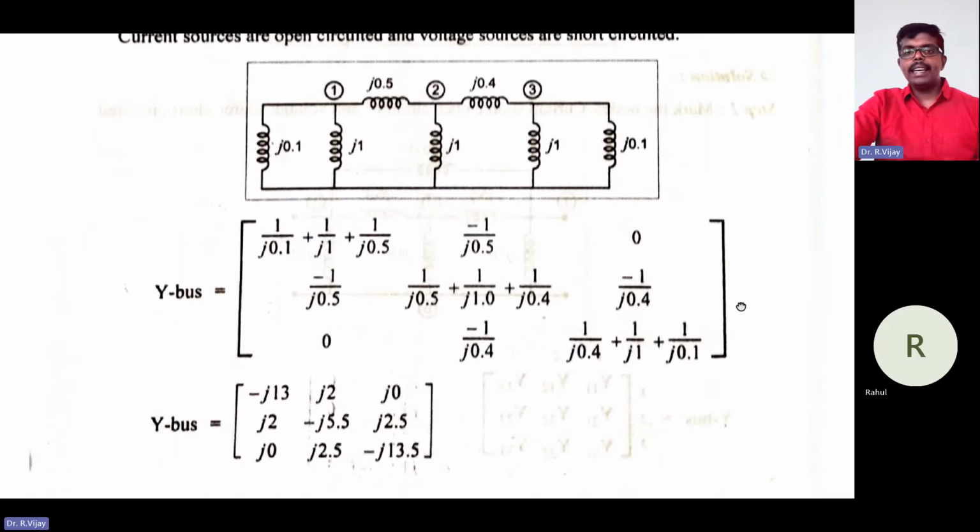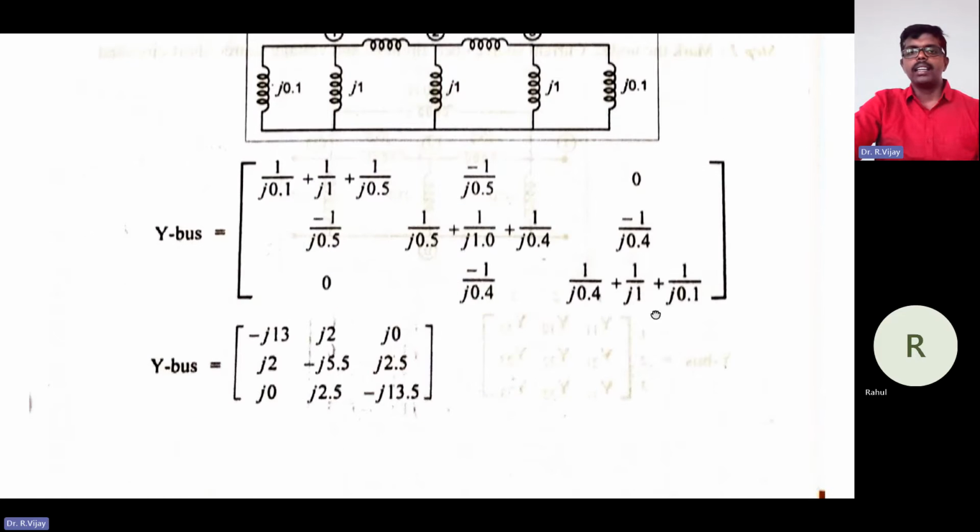Next, y33. How many elements are connected? 1, 2, and 3. Just 1 divided by those values: j 0.4, 1 divided by j 0.1.